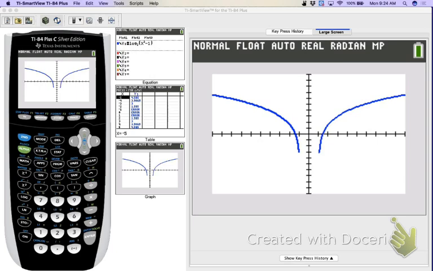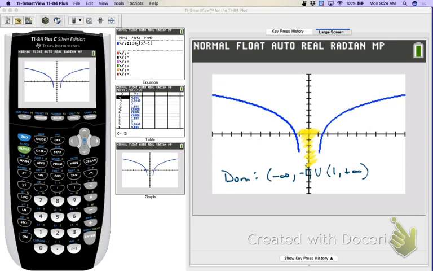So in this case, my domain is going to run from negative infinity to negative 1, and then from 1 to positive infinity. There's this restricted area right through here that it can't be equal to. It's got to be one or the other. So it's going to come in from the left.